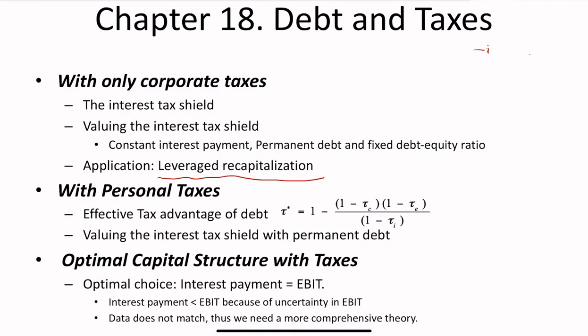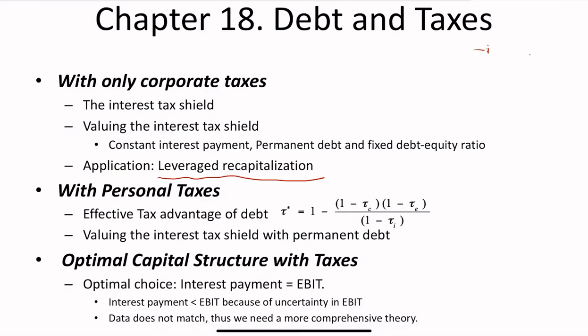In this case, we will get a different result compared with under the assumption of perfect capital market, right? So the result is, if the firm is using leverage recap, then the firm's value will actually increase and the firm's share price will also increase.